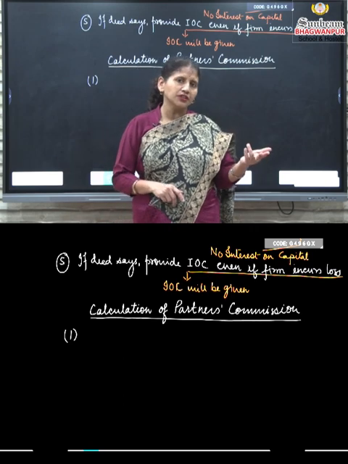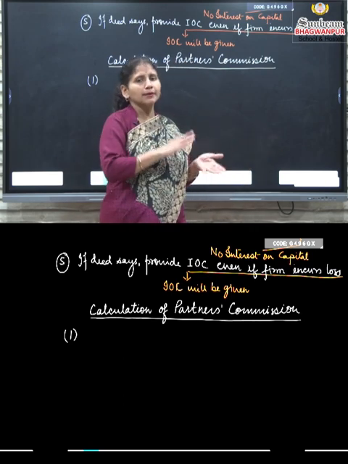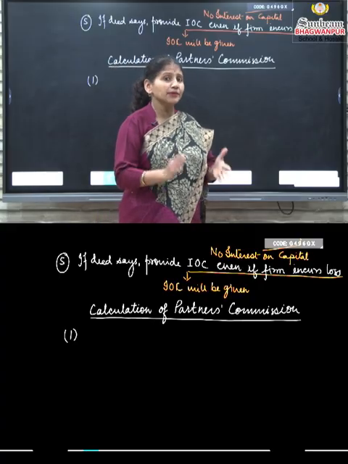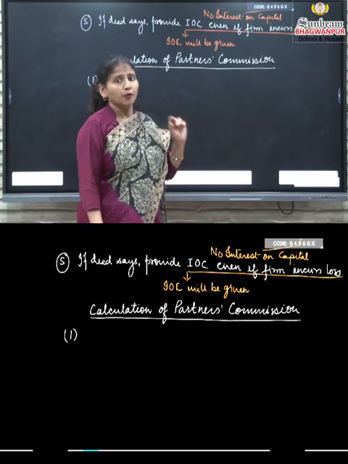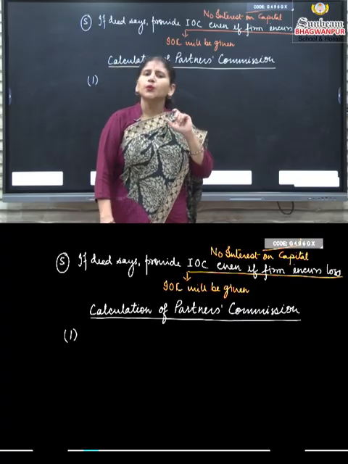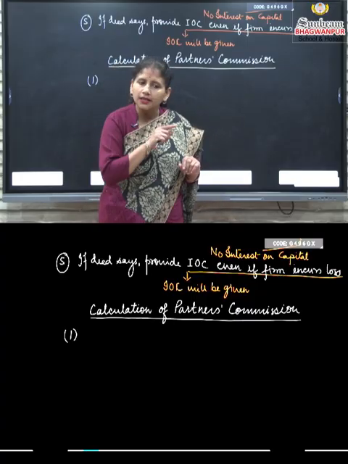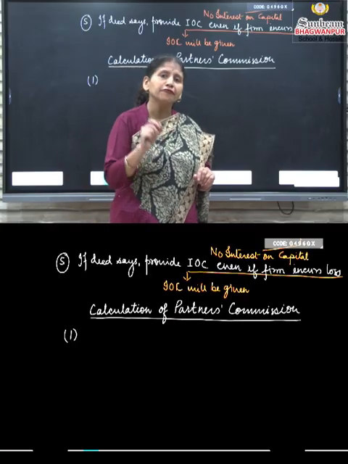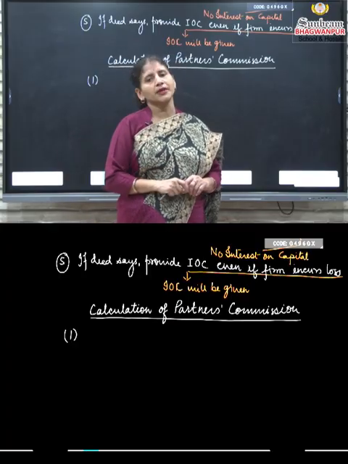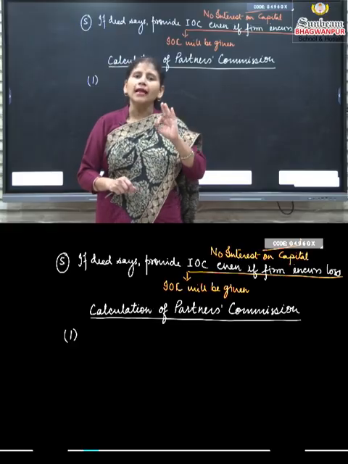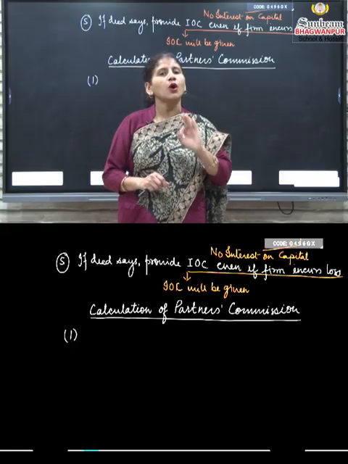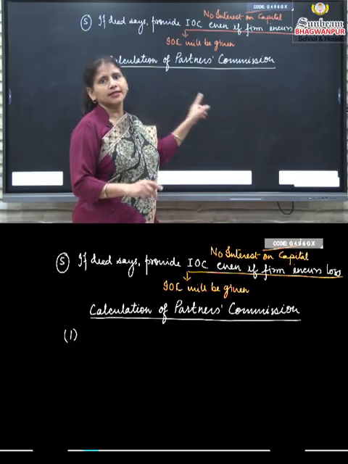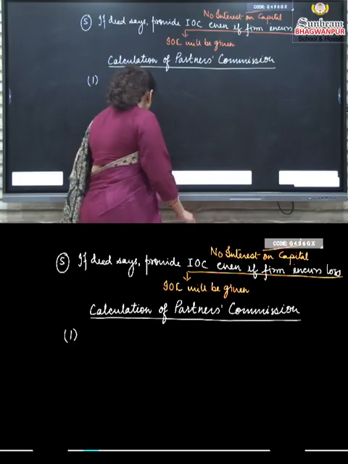For the second option, the formula was net profit into rate upon rate plus 100. The same thing we are going to apply here; we only have to be careful while reading the information given in the question related to calculation of a partner's commission.